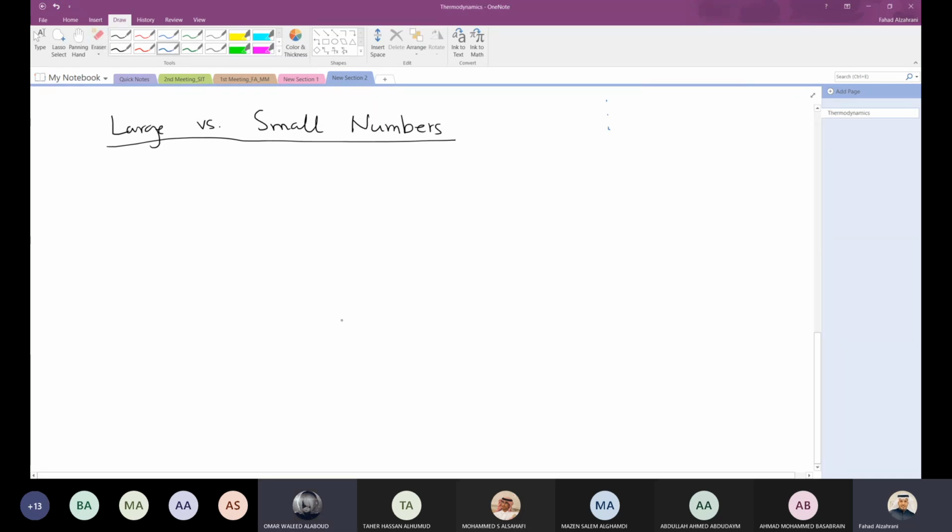Using the scientific notation. Exactly. So we use scientific notation to represent large versus small numbers.